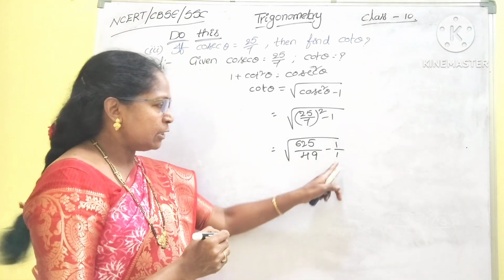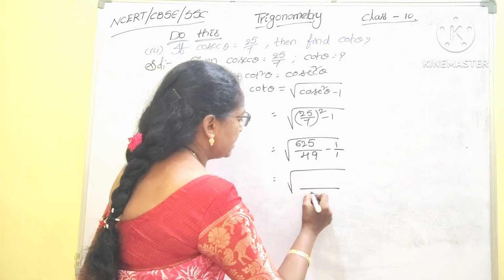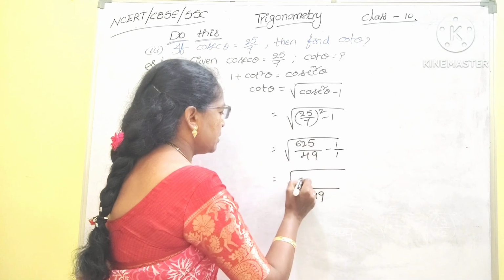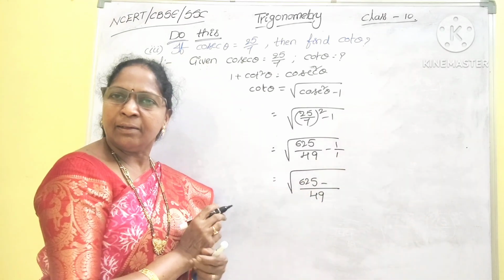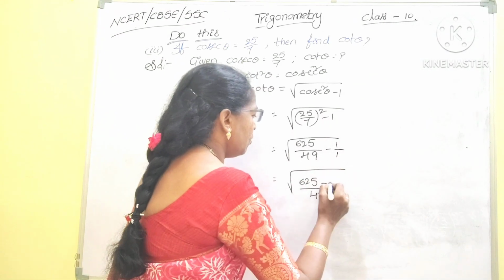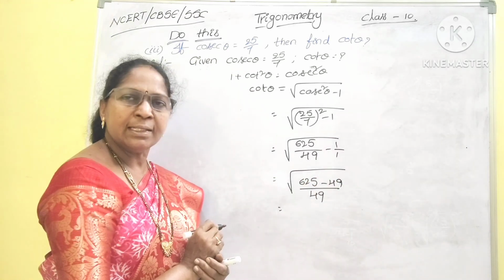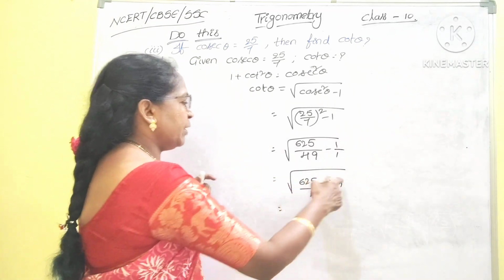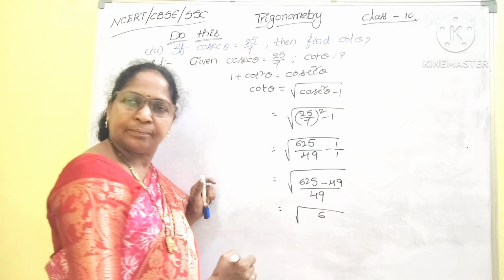Any other number not there, so directly you can write by 1. Now find out the LCM. LCM is 49. Here 625 minus 1 divides 49 in 49 times. So 49 1 is 49. 625 minus 49. 15 minus 9, that equal how much? 6.